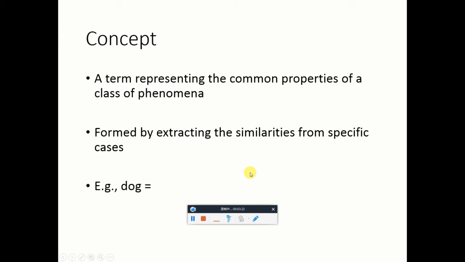So if I ask you, how would you define dog? You can think about it, right? There are many ways to think about dogs, this kind of animal.